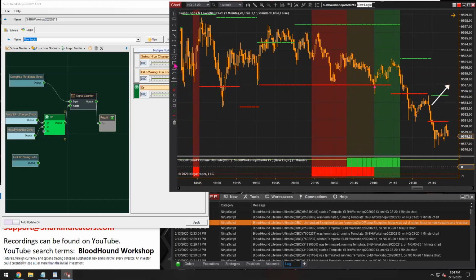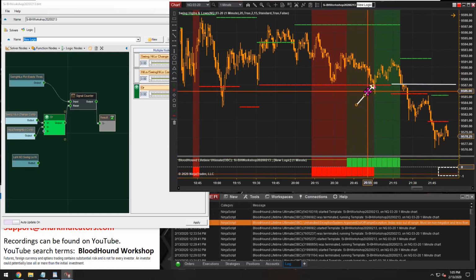So in other words, once that swing low is broken, if that swing low kept on going for another 40 bars, we would get another short output, 40 bars after the break.